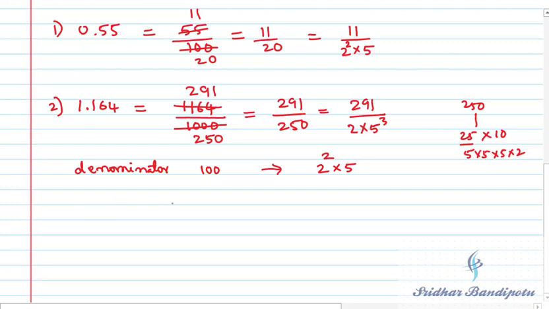Now in the second example, initially we got the denominator 1000, then after doing some cancellation you got the prime factorization, that is 2 into 5 cube.